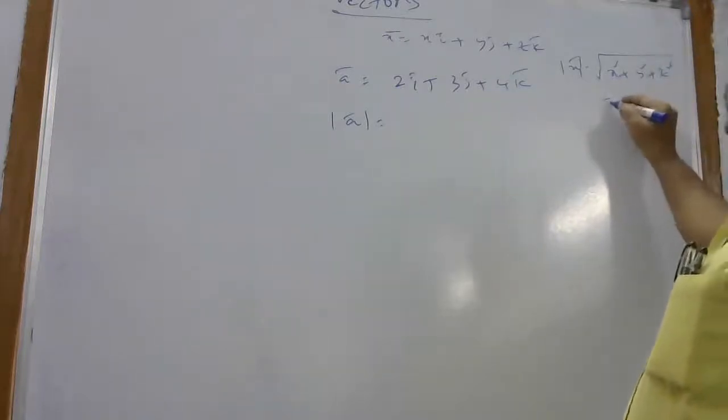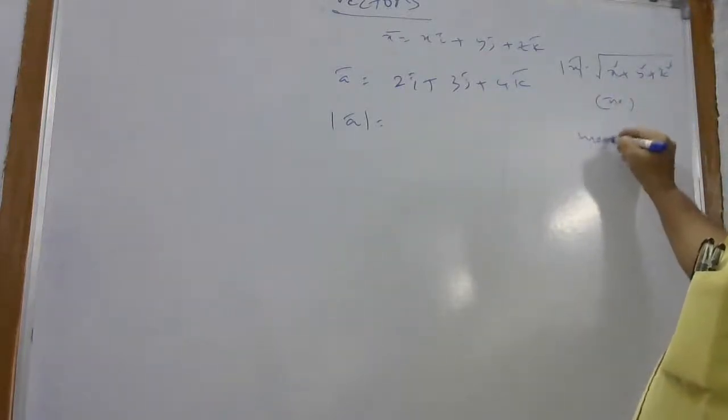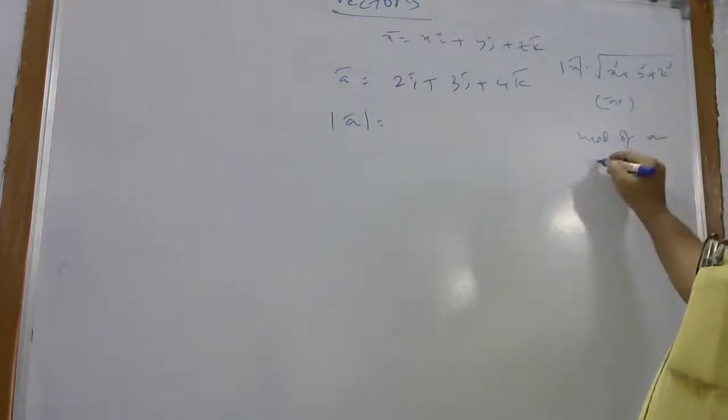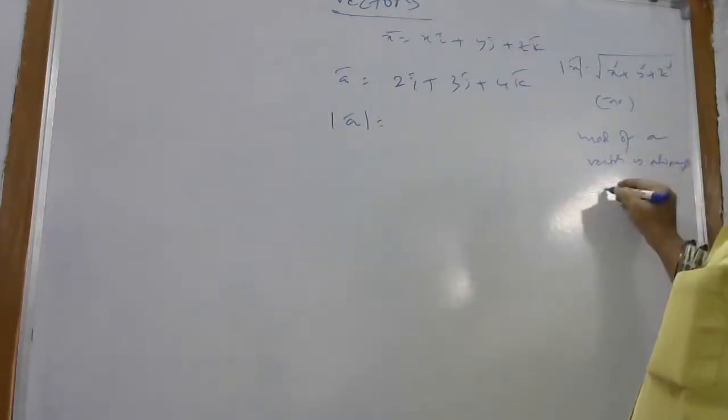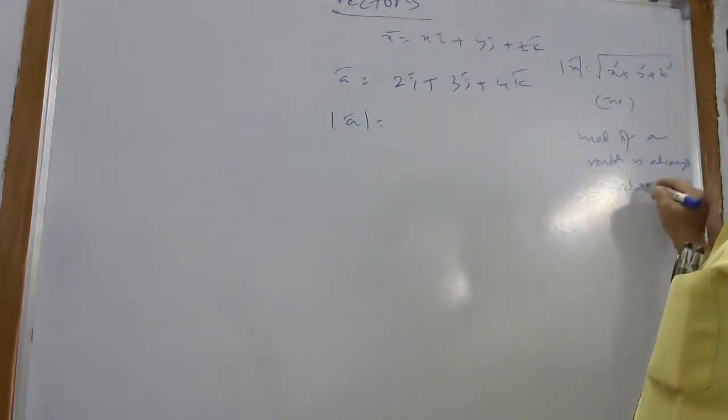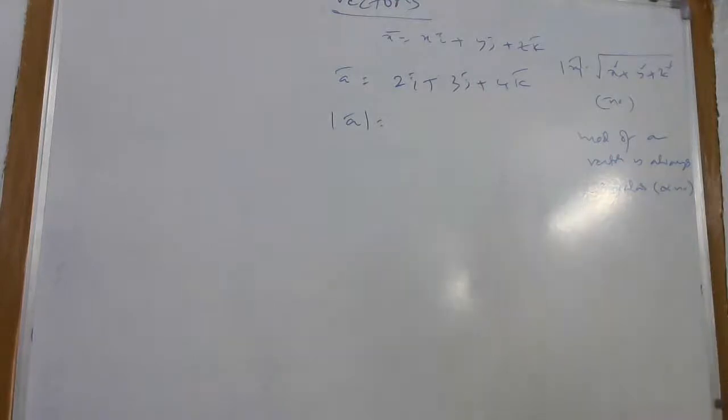This is a number. You'll get a number. Modulus of a vector is always a scalar or a number, beta.